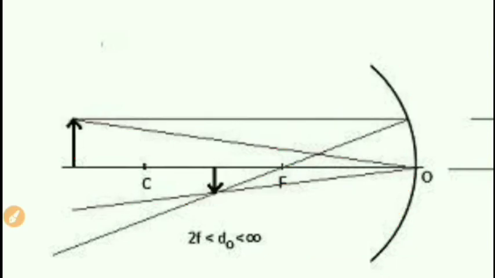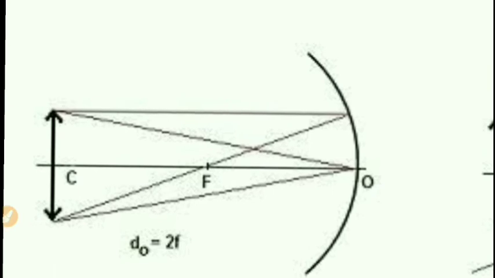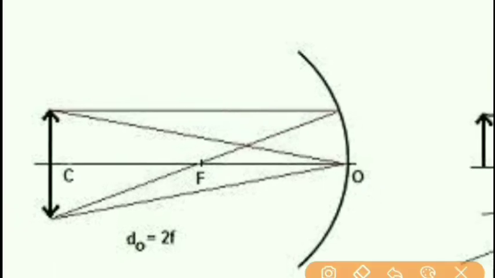Now the third case. If the object is placed exactly on the center of curvature, where will the image be? Earlier we have seen when the object was very far away, the image was at the focus.